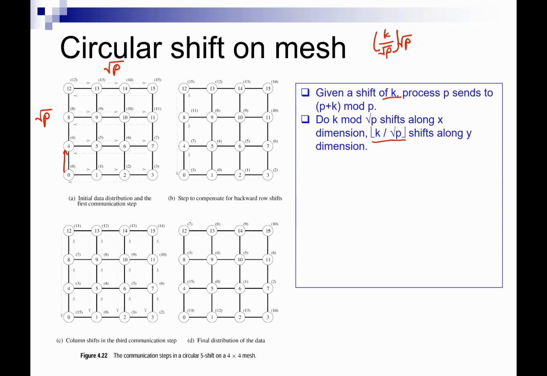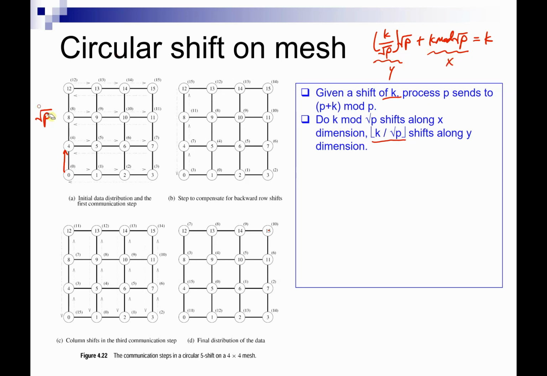This is not quite equal to k yet because of the floor operation, so you need to add k modulo root p. Now this is going to be equal to k. So this is how we're going to do the shifts. We're going to do this number of shifts along the y direction, and then this number of shifts along the x direction.